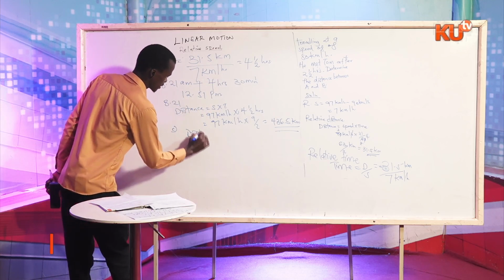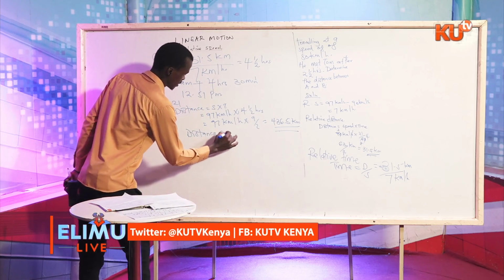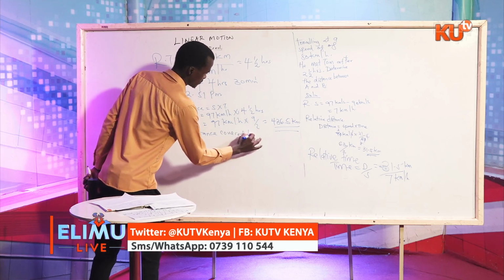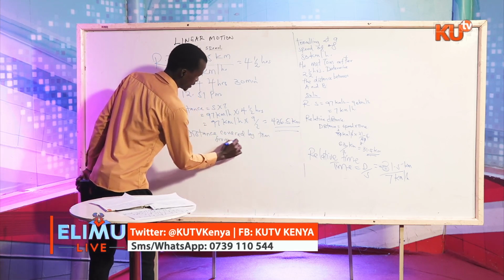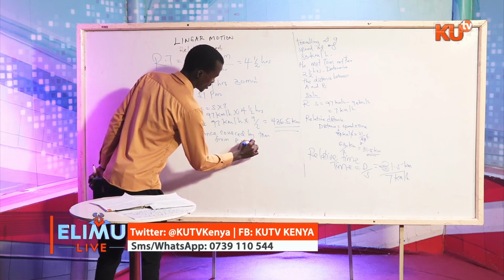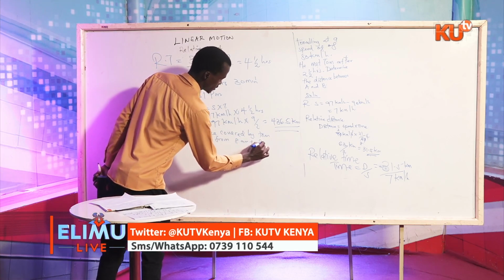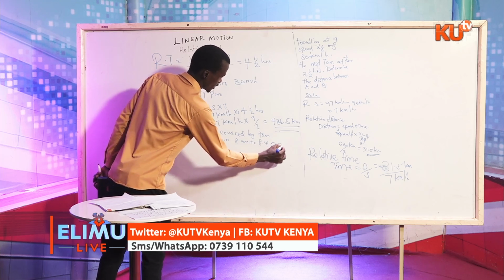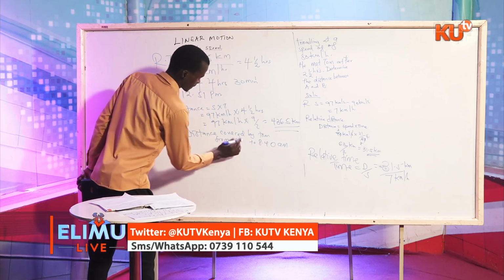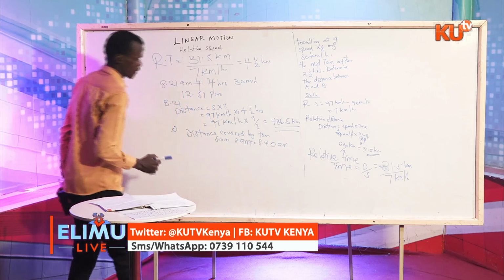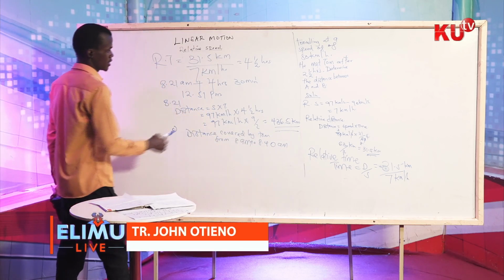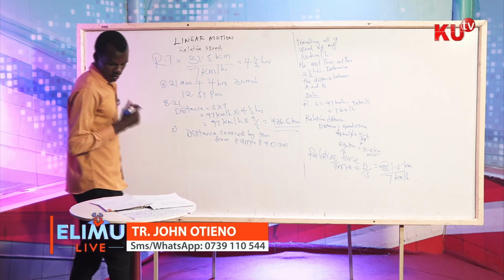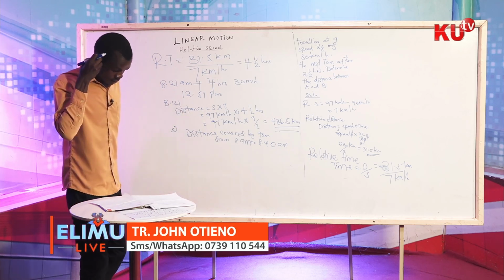Distance covered by Tom from 8 a.m. to 8:40 a.m.: these are 40 minutes, and he is moving at a speed of 90 kilometers per hour.